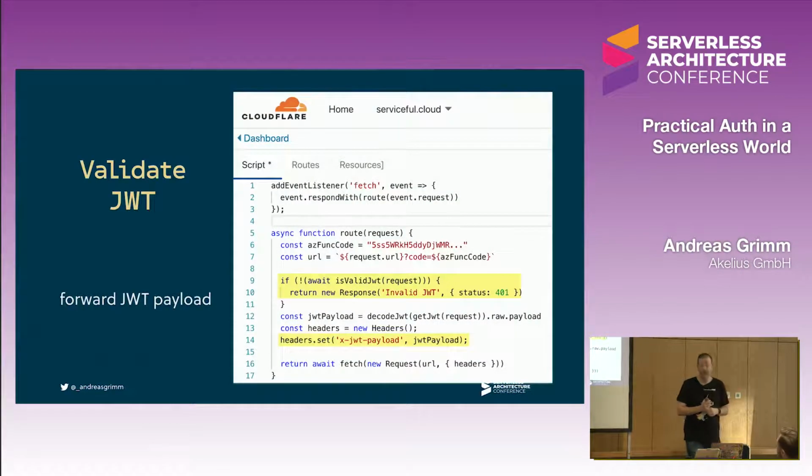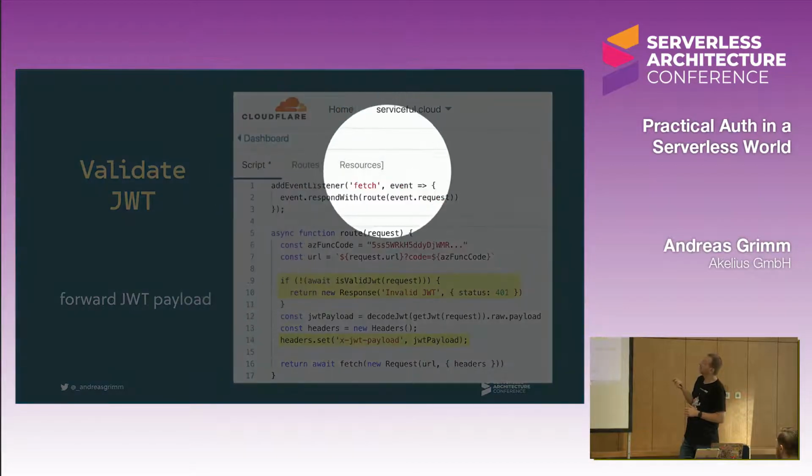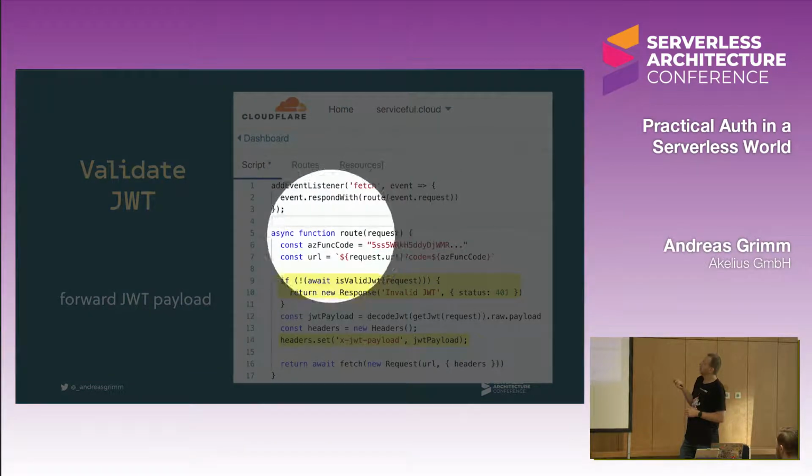But how would that work? You saw it sits in the middle, or actually it sits here in Berlin. It would be the next data center in Berlin, even if you request an API in the US, for example. Based on the service worker API, we can intercept a request.